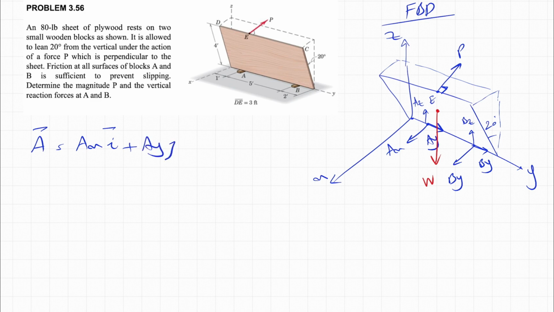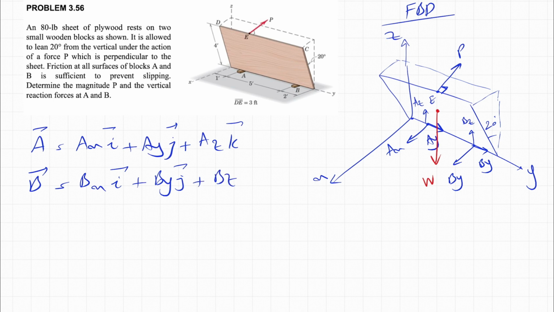So for A, we'll have AX, AY, and AZ. AZ is one of the reactions that we are supposed to find for this question, and same for B, with BY and BZ.